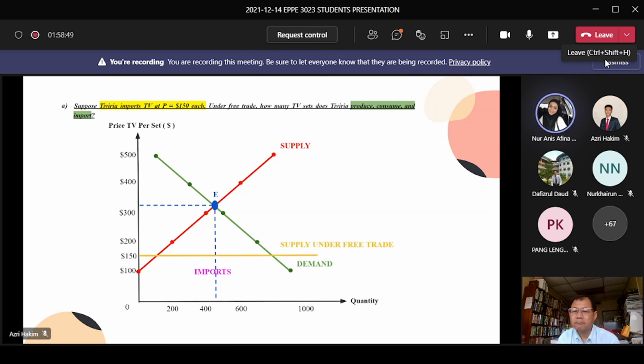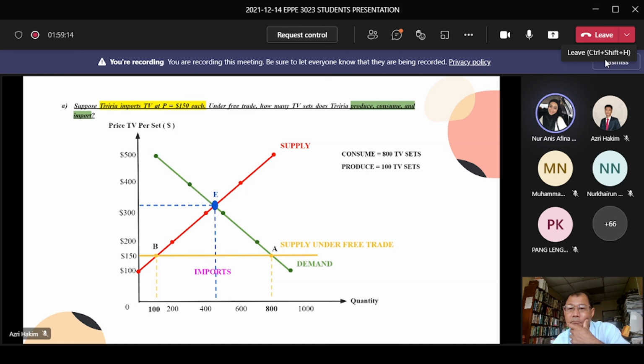Under the free trade condition, TVRA will consume, as we can see, 800 TV sets, as indicated at point A by the intersection of the world supply and TVRA demand curve. This can be evaluated as quantity demanded is 700 units at $200 and 900 units at $100.